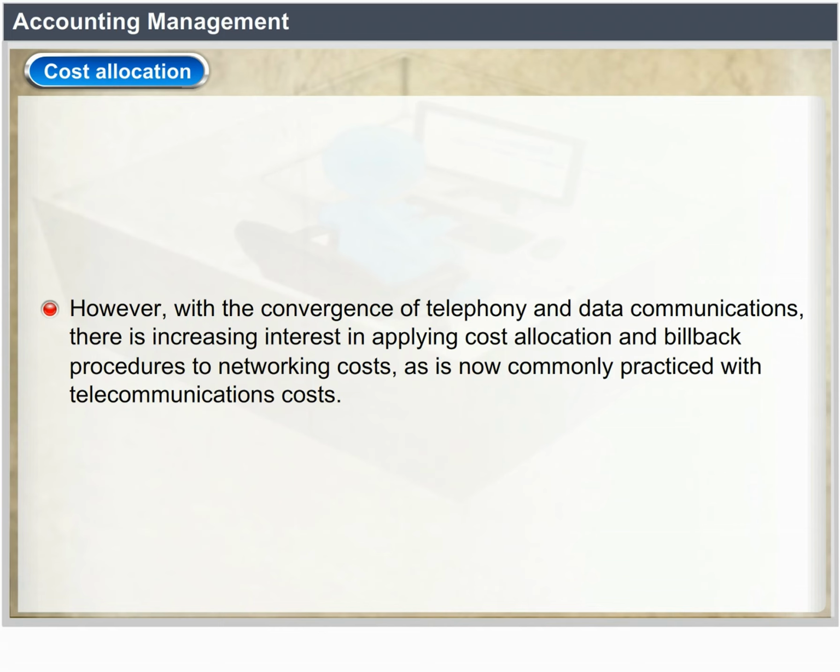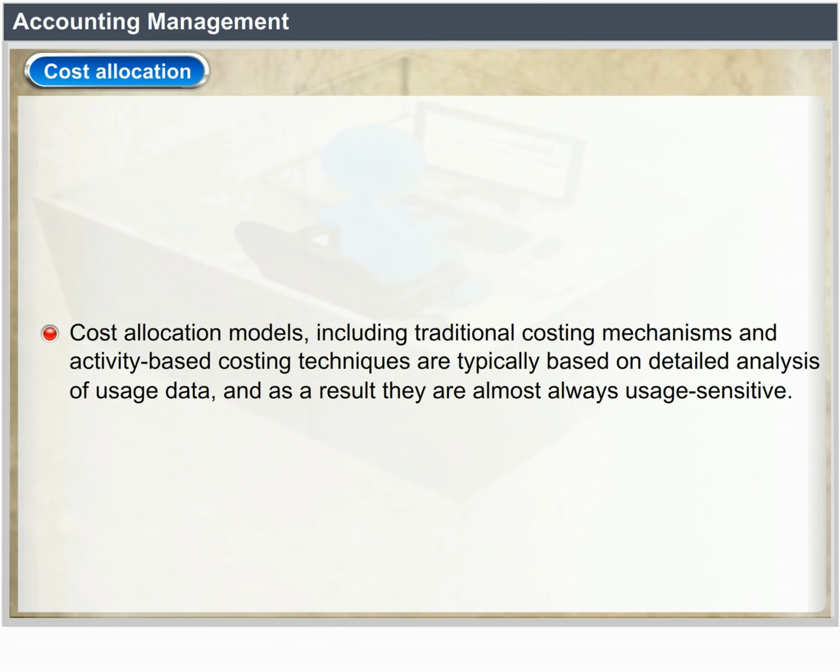Cost allocation. The application of cost allocation and bill-back methods by enterprise customers is not yet widespread. However, with the convergence of telephony and data communications, there is increasing interest in applying cost allocation and bill-back procedures to networking costs, as is now commonly practiced with telecommunications costs. Cost allocation models, including traditional costing mechanisms and activity-based costing techniques, are typically based on detailed analysis of usage data, and as a result, they are almost always usage-sensitive.